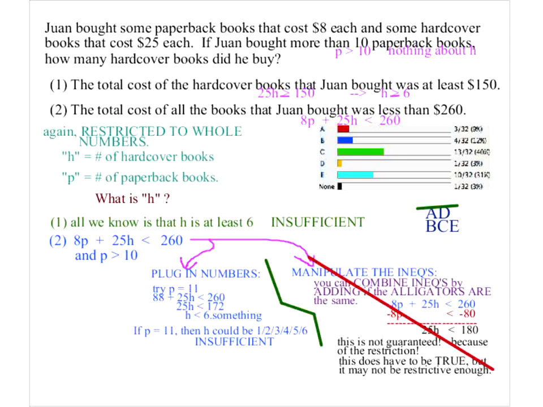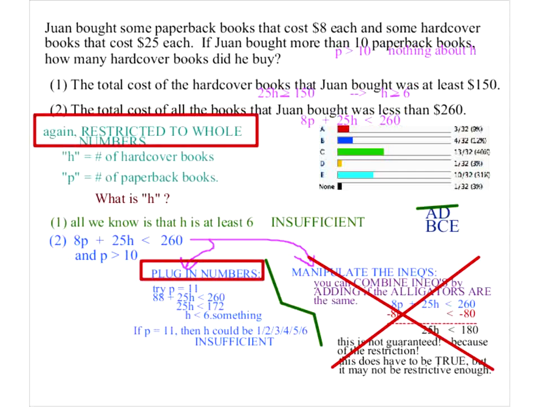You shouldn't do this. You should plug in numbers because of this restriction. So the question in the text box, the answer is because of this. When you have a restriction to nothing but whole numbers, you should just plug in cases and not try to do too much manipulation of inequalities.